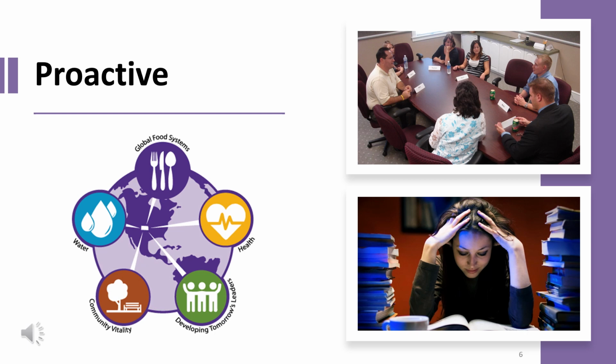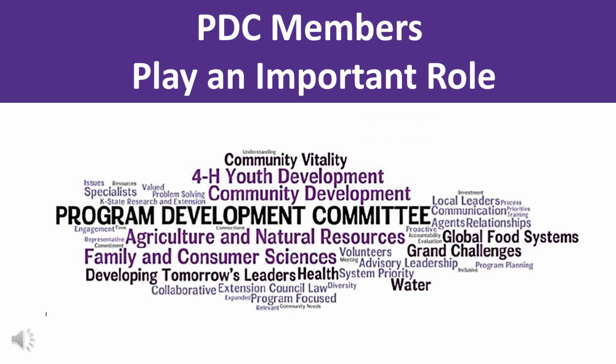Extension agents typically have 2 to 3 action plans to work on during the year. The Program Development Committee, or the PDC, works in partnership with the agents to plan a comprehensive local program. PDC members play an important role in program development. Members work with the agents to study and identify the community needs.